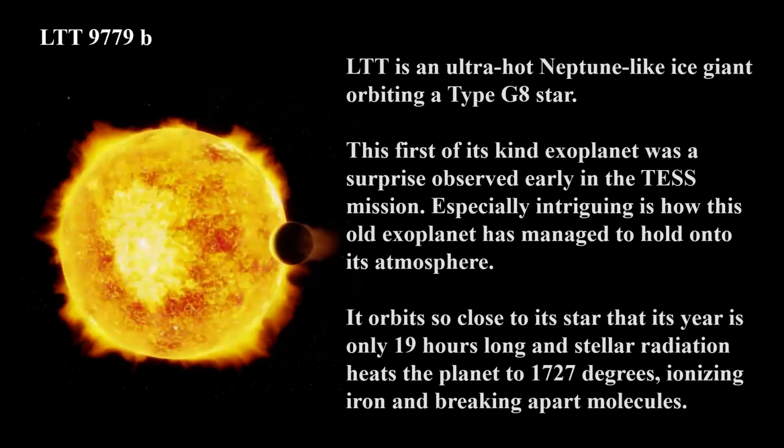And if you thought the 2 WASP exoplanets had short orbits, take a look at ultra-hot Neptune-like ice giant LTT 9779b. This is the only exoplanet in this category, and like all hot planets, is not expected to be visible in the UV or optical part of the spectrum.